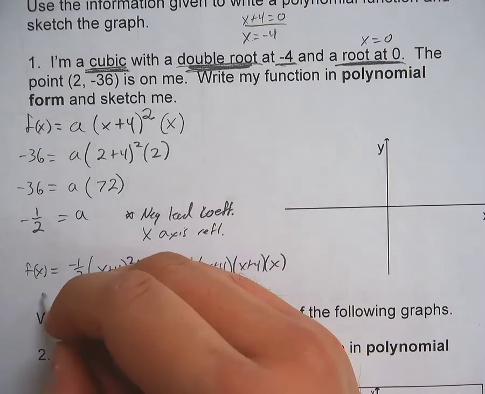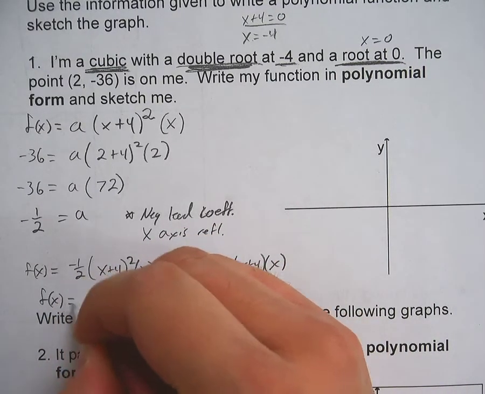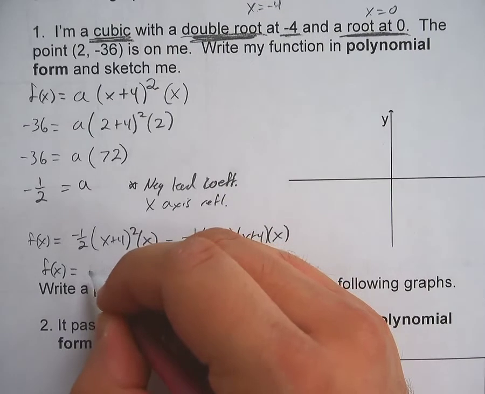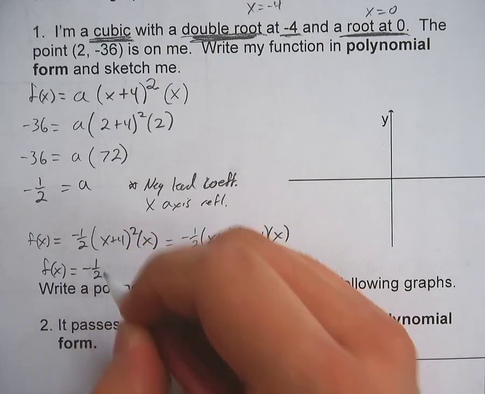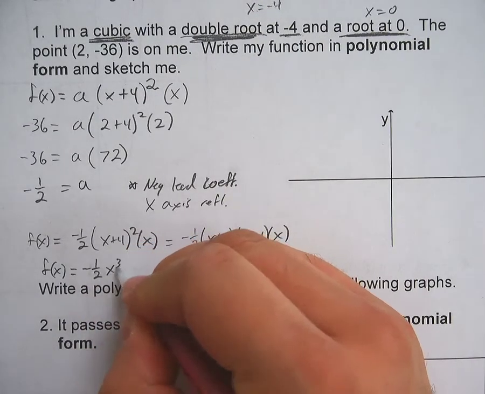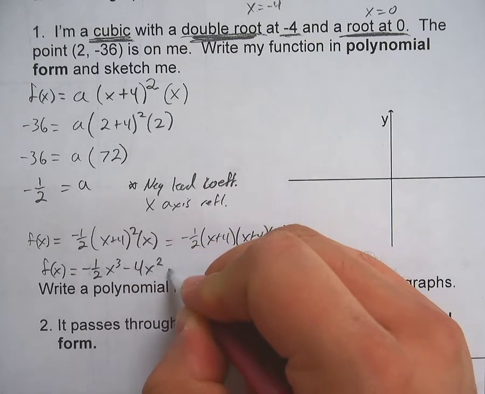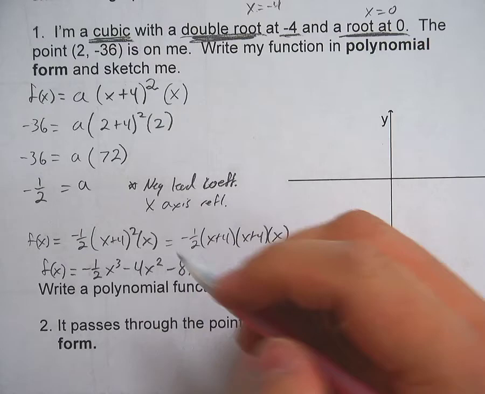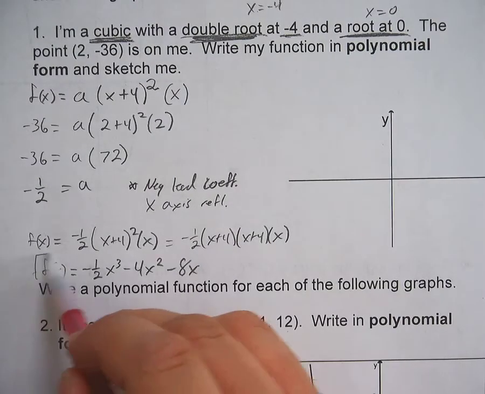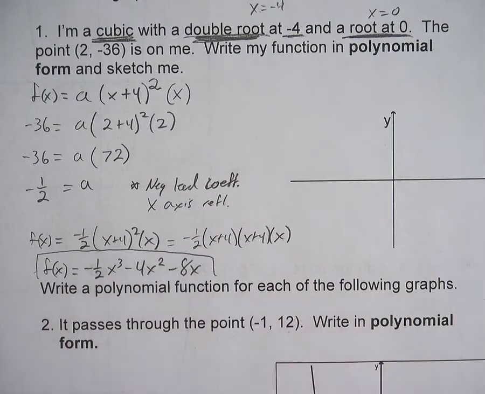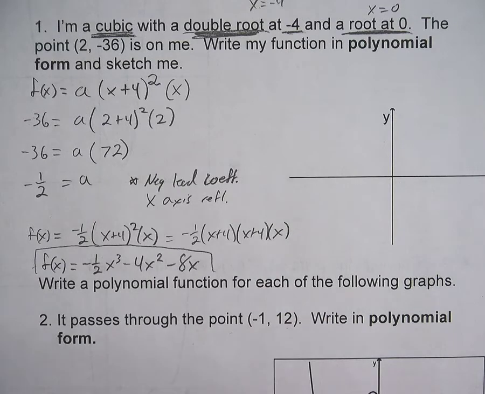You end up with f of x is negative 1/2 x to the third minus 4x squared minus 8x. I know what you were saying. That's too much. No, it's not. We are big boys and big girls. We can do a little algebra every now and then.